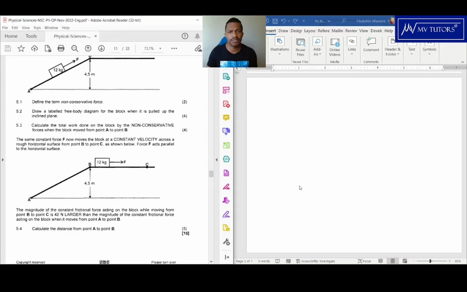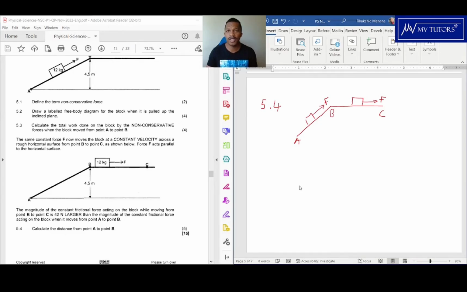Okay, let's put that into perspective, so that it's clear what we are doing. So you've got this horizontal. We've got point A to B and then to C. So what they are saying is, let's start here with the horizontal. First of all, they tell us that this force is constant. It's the same force on AB and on BC.